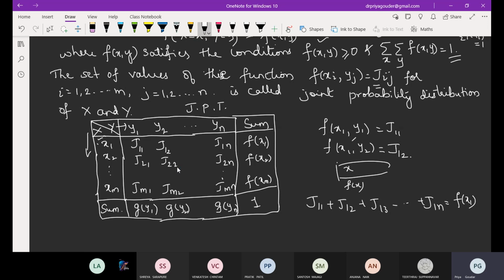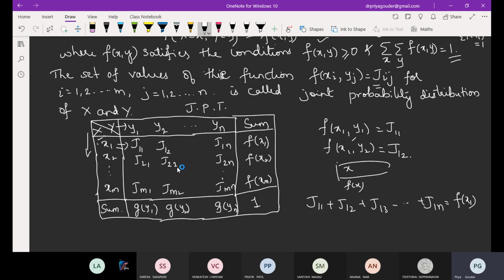Which value is same for this first line? J11, J12, J1n, which variable is same? It is x1. So this is denoted as f of x1.